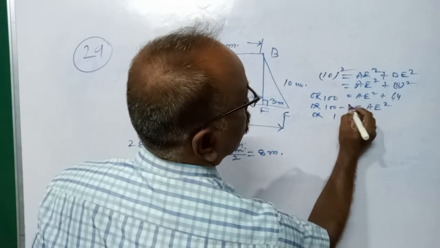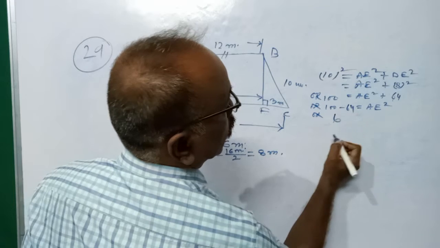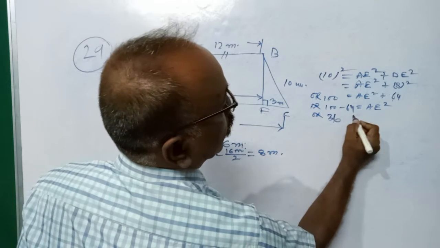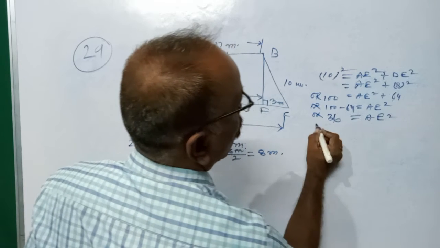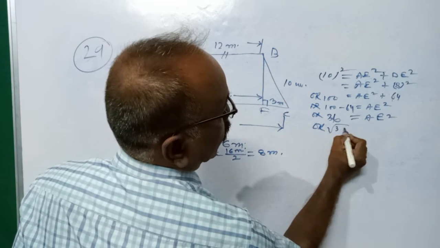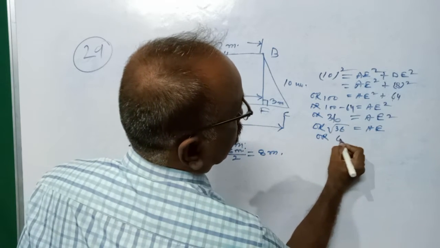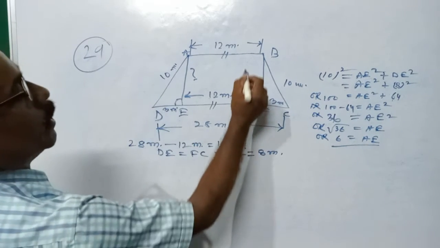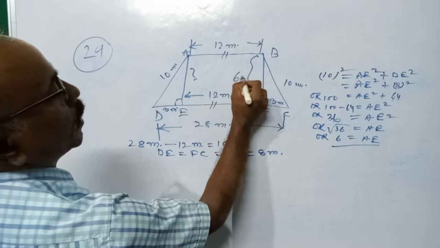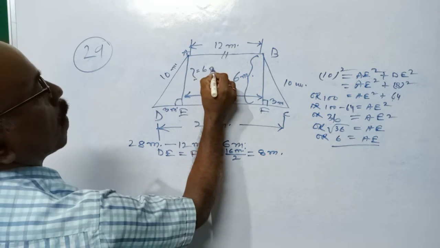So 100 minus 64 is 36, equal to AE square, or root 36 is equal to AE, or 6 is equal to AE. My dear student, you see this measurement is 6 meter, and this also is equal to 6 meter.